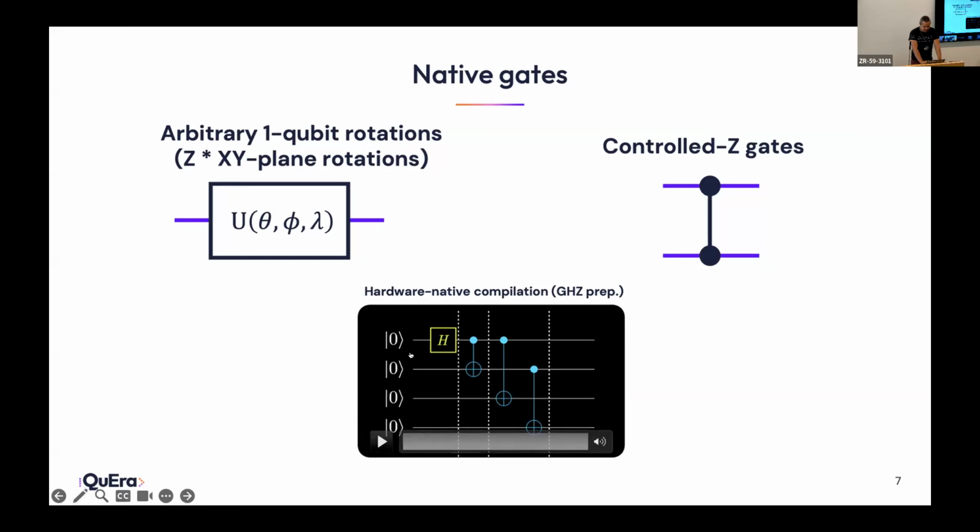So if you have, for example, a GHZ state prep, you might recognize this here, right? So go to 000 plus 111. That's exactly what this is doing.